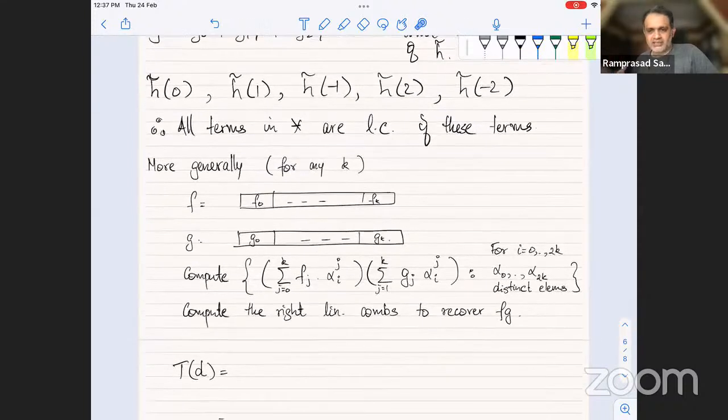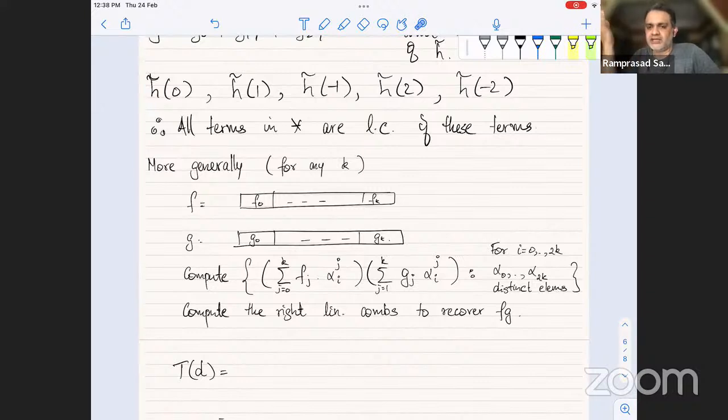So what will the time complexity of this look like in general? Can someone say what recurrence we end up getting? So how many subproblems do I have?